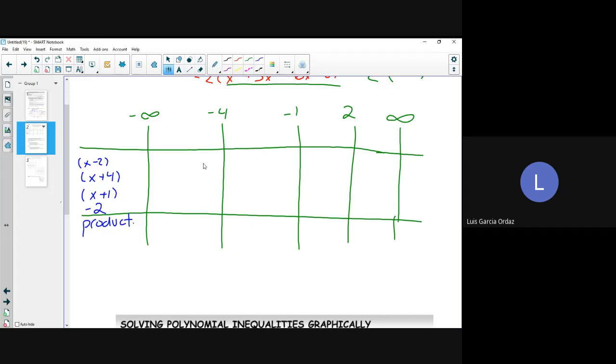So we pick a value between negative infinity and negative 4. What number do you guys want to pick? Pick less than negative 4. Negative 6. Let's do negative 6.